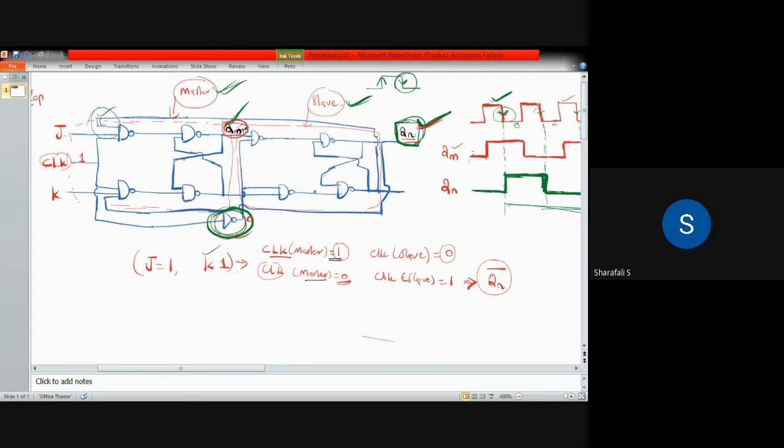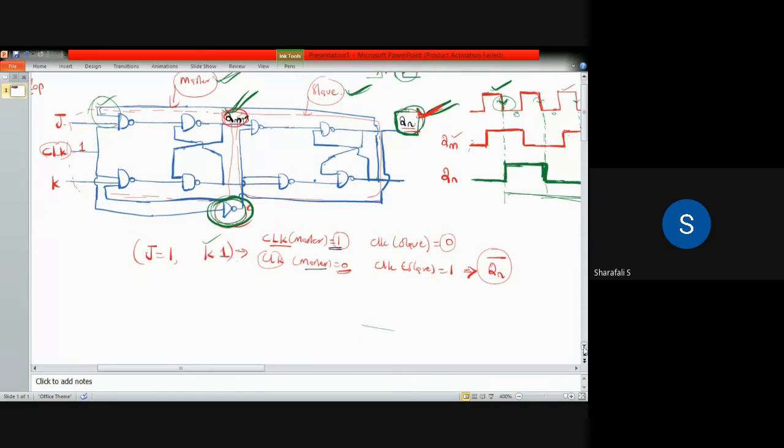So here we are having the same input, J and K are the same, and we are having this NOT gate which is connected to here. So the output which is given by the master is the same, that is not going to change. So then we will be having the same QN as your output for the entire state of the clock pulse. So this is how the master and slave work, and we will not be having any race around condition if you are using this master slave JK flip flop.